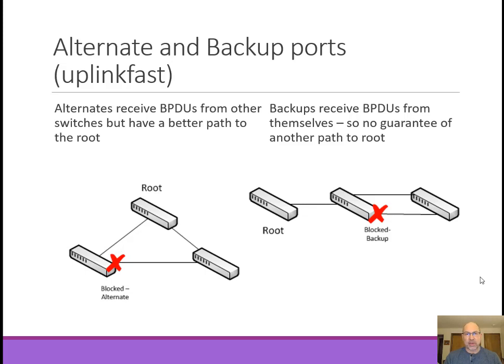There's only one pathway back to the root. So even though we're blocking a particular port, the reason that one's blocked is because the downstream device is not actually a switch, it is a hub in this case. And so the switch has to block itself, but this becomes a blocked and backup port because there is no other way back to the root. There's still only one way, so it doesn't become an alternate.